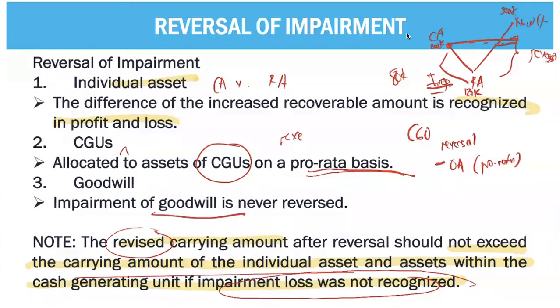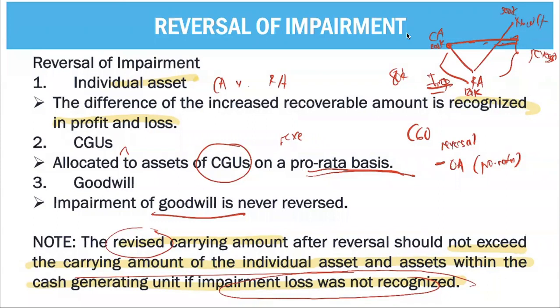Only to your other assets. So reversal, individual asset, you recognize it in profit or loss, not to the extent of your carrying amount, assuming there is no impairment. CGU, whatever is the amount of your reversal, you allocate it to your other assets pro rata. The goodwill will never be reversed.